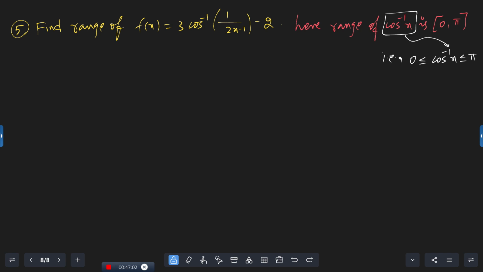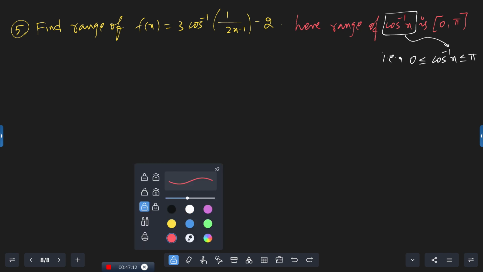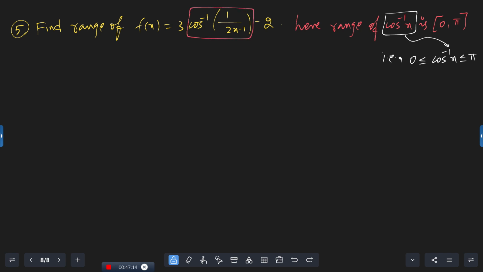If you are taking the whole expression, that is the range. Only the function cos inverse and its variable is taken. Other things, extra multiplying, addition and all, you should not take. Inside that you have to give only the function value. Very important in a range.